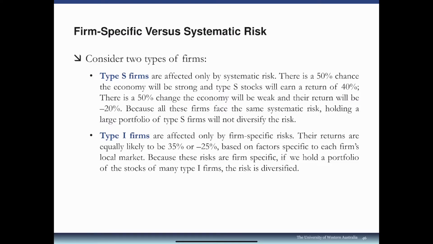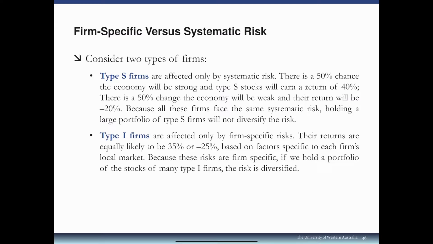But buying another BHP share will not diversify my existing BHP shares because they will co-move together. So this is the idea for type S firms: they move together with the economy. For all these firms facing the same systematic risk, holding a large portfolio of them will not diversify the risk out at all because they will co-move together all the time.